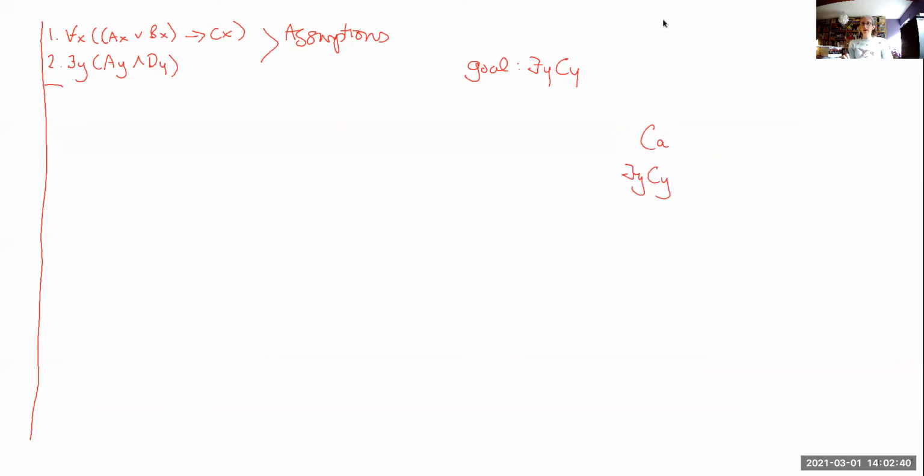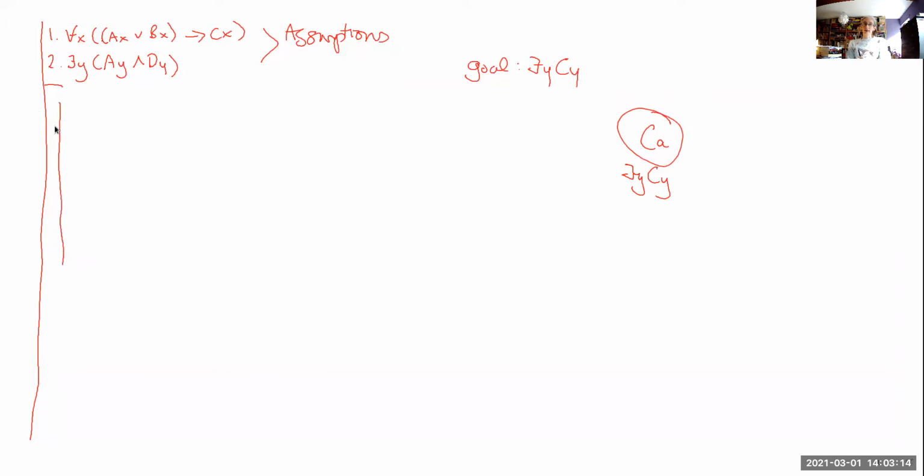So we can kind of file this away in the back of our mind that if we can get something like this, this is a good sign. Up here, we've got our universal premise. And remember what I've said previously, anytime you have a universal, do universal elimination for all of the constants that you have in your proof. Well, guess what? We don't have any constants yet. And we have this persnickety existential statement that we need to eliminate.